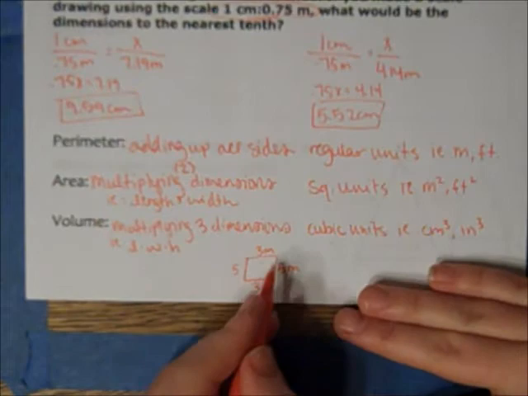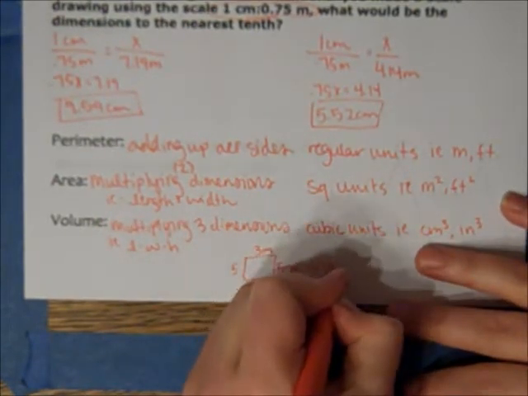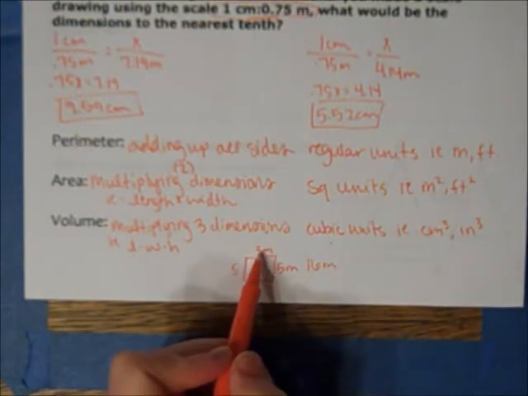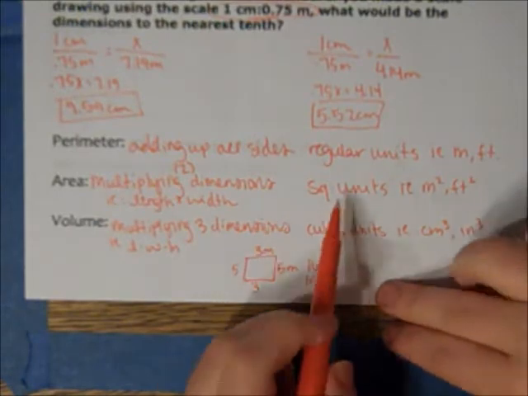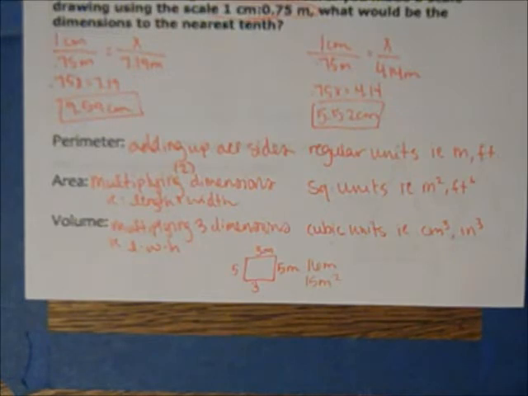I just did that drawing way off scale, didn't I? So the perimeter would be 16 meters. But when I go to do area, I multiply 3 meters times 5 meters, so I end up getting 15 meters squared. So perimeter is regular units, area is units squared.